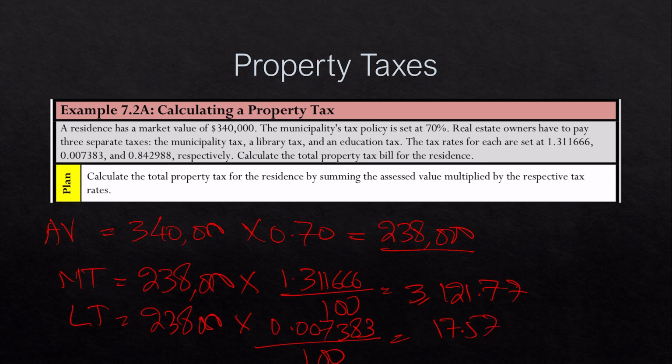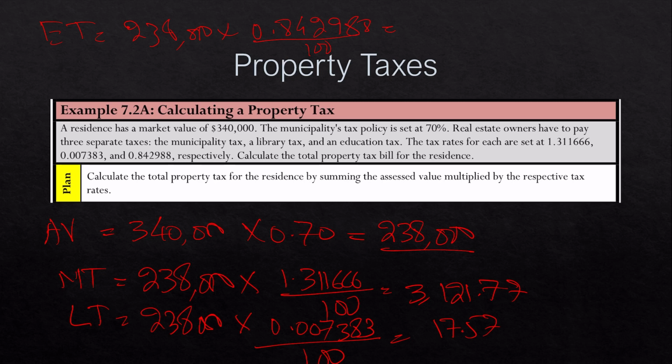Similar to that, because of the space problem, I can write it here as well, an education tax. The amount is again 238,000 multiplied by the rate, which is 0.842988, divided by 100.